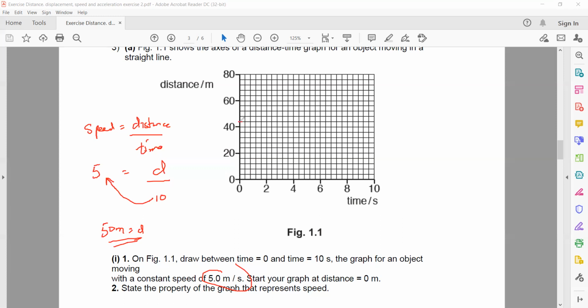So after 40, the first box is 44, then it will be 48, and after that it will be 52. Between 48 and 52 it will be 50. So we need distance 50, so this is distance 50. And it's a constant speed, so it will be a straight line. After 10 seconds the object will cover a distance of 50 meter.